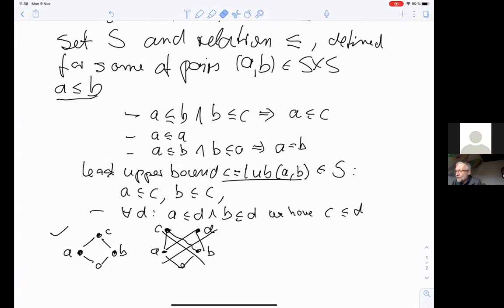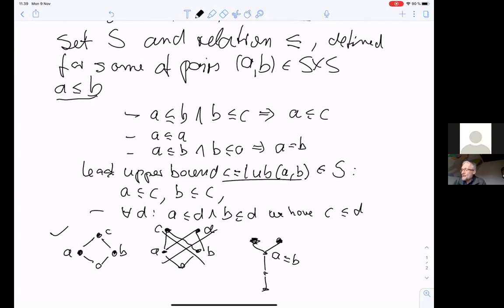This would mean, for instance, that if I had something like this here, and then it forks up here, this would also not be allowed, because I could choose this element to be both A and B in my definition, and then these two guys would both be upper bounds, but there's no relation between these two guys, so this is not going to work. Okay, so that's the least upper bound.